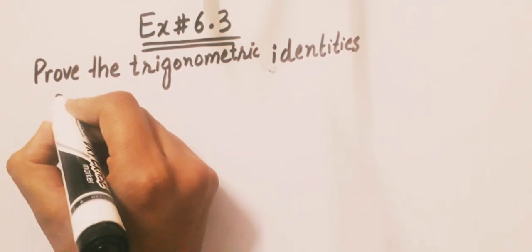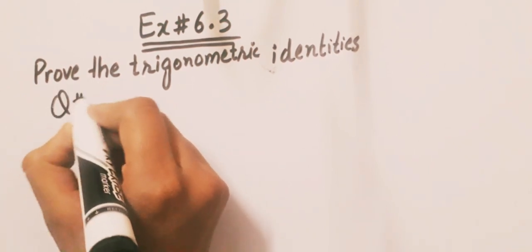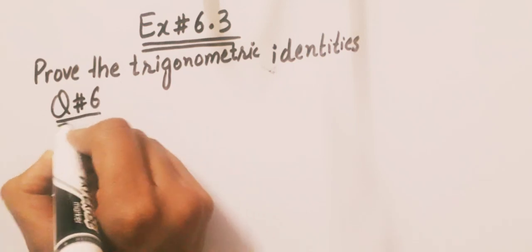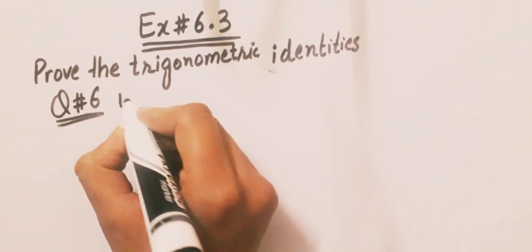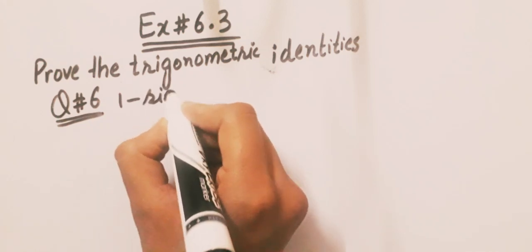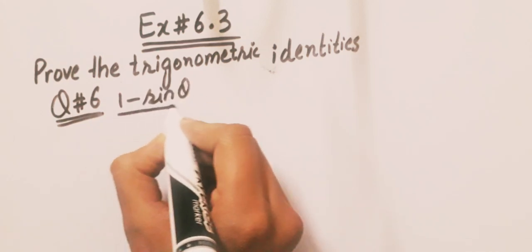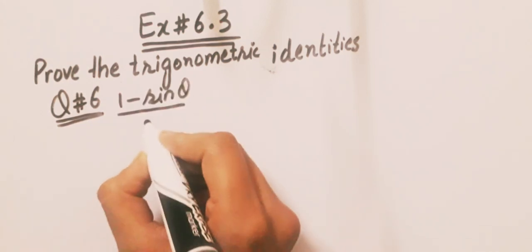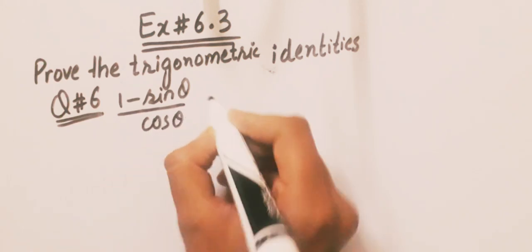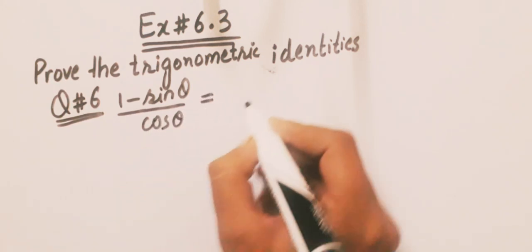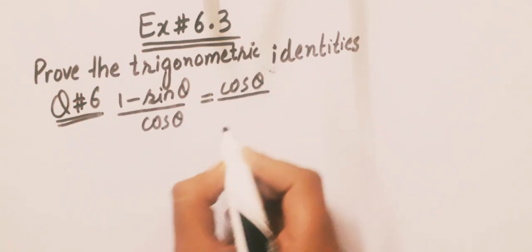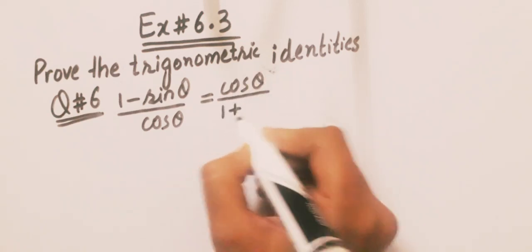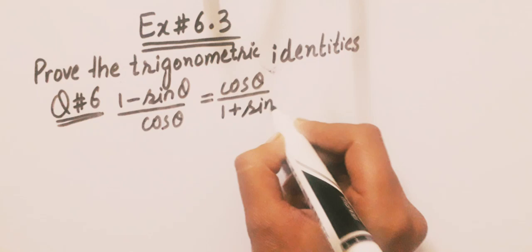Now the question number 6 is (1 minus sine theta) by cos of theta is equal to cos of theta by (1 plus sine of theta).